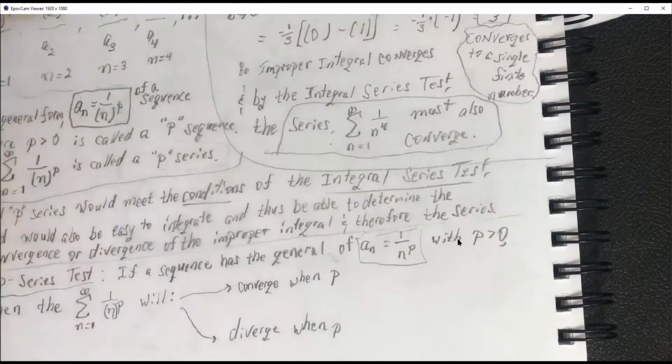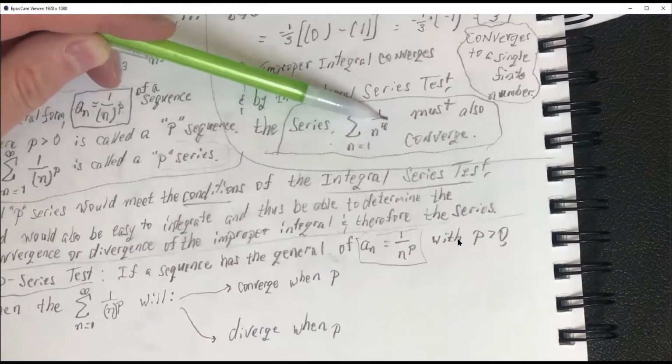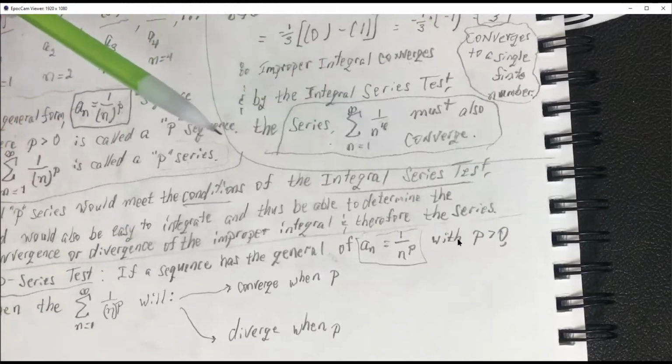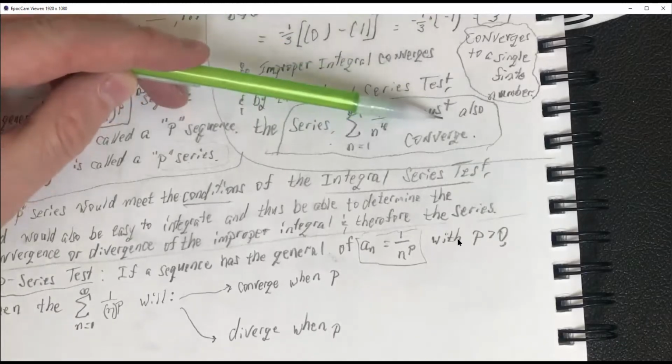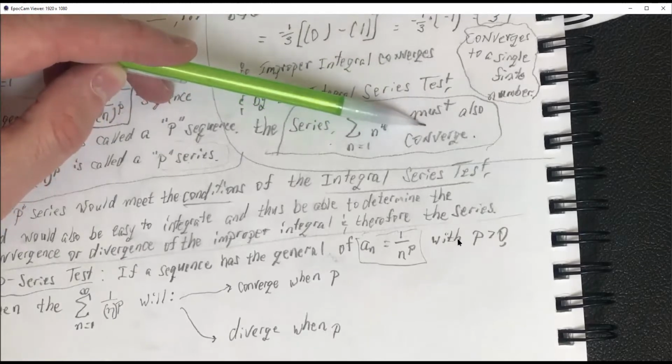What was the value of our P on problem 8 in class? What was our P value right here? It was 4. And what happened to the series? It turned out that it converged.